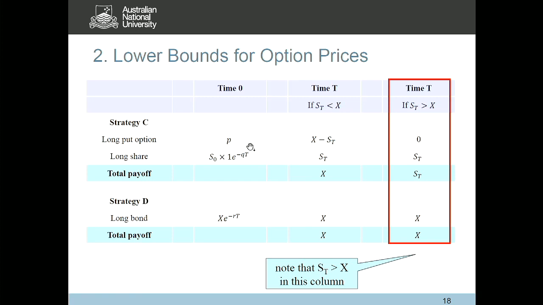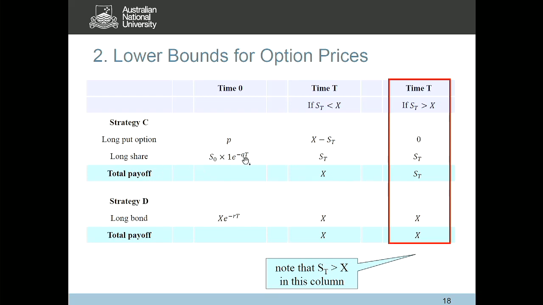So our put option is in the money. If we exercise the put, basically we can sell at the X price, the strike price, and we can buy the share at a lower market price ST. We're making a positive profit of X minus ST. Now, if the share price finishes higher than the strike price, then the put option is out of the money. We don't exercise the out of the money put, so the put option lapses with the value of 0.